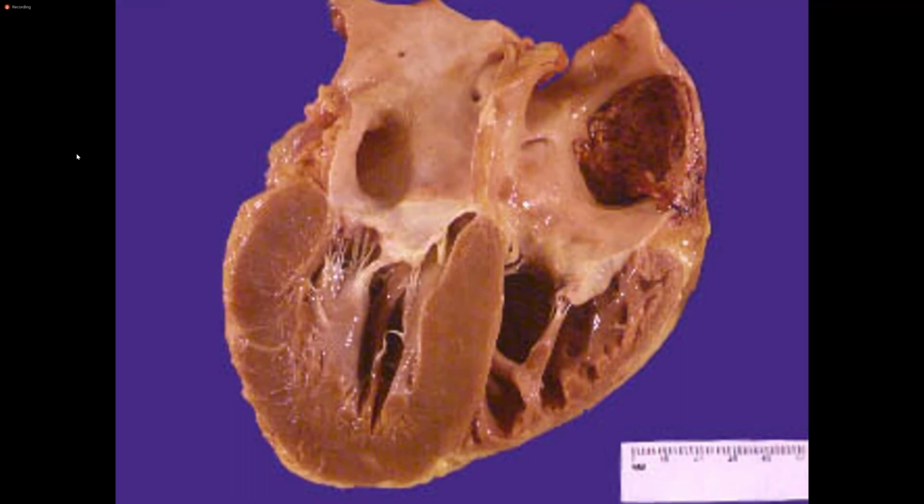What is multiple myeloma? Multiple myeloma is a cancer of plasma cells. Plasma cells are the mature form of B lymphocytes. Their function is to make antibodies, which are the immunoglobulins or gamma globulins.